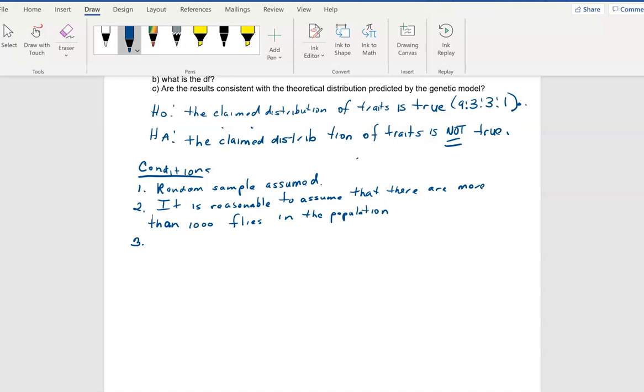So how do I calculate the expected count? The first thing you need to do is set up a table. You're going to have the observed count and the expected count. In this case, there were actually 4 categories: yellow and normal wings, yellow and short wings, ebony and normal wings, and ebony and short wings.